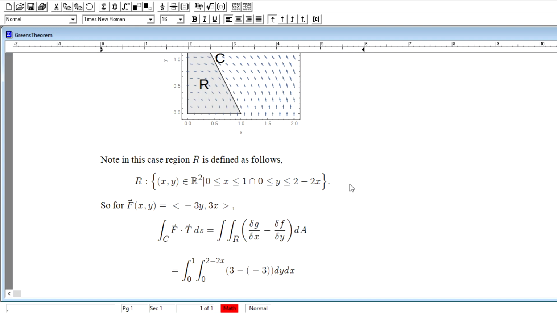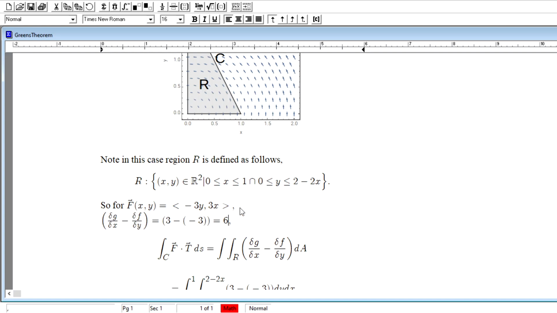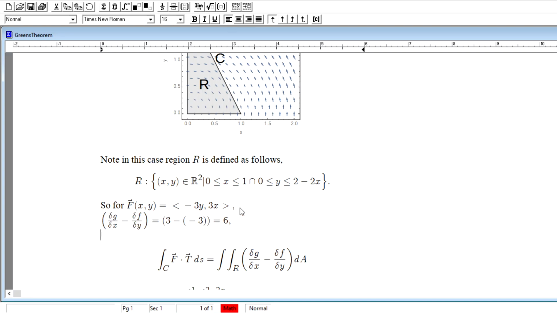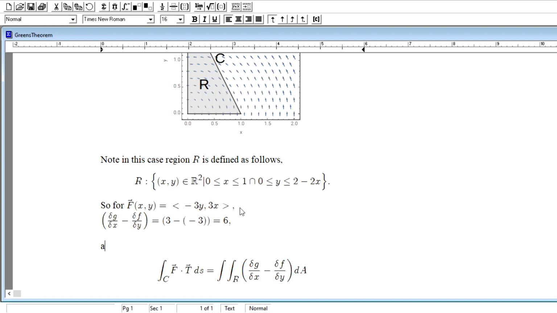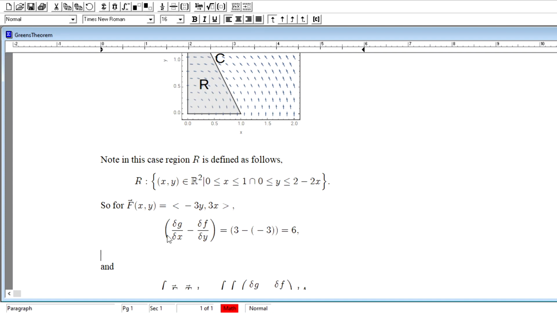We might say this. For this function, the integrand's value, we might point out, is going to be equal to 3 minus -3, which equals 6 in value. And that double integral will produce this. Let's highlight this quantity in this calculation.